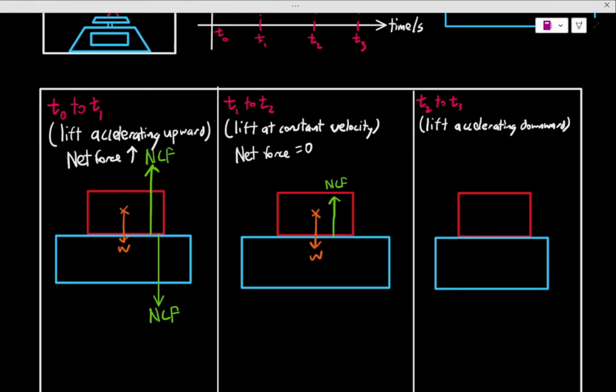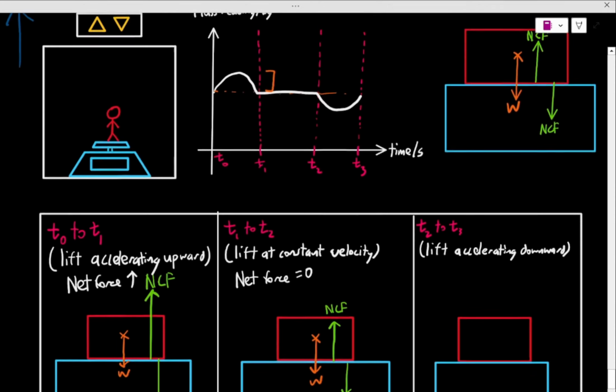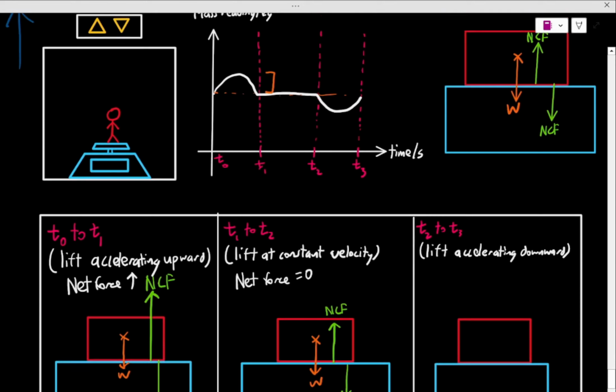Which means that this is as good as you standing on the weighing scale on the ground that isn't moving. So the amount of normal contact force you exert on the weighing scale should be the same. And this is why it would be the same as if you were on the ground, as you can see on the graph.